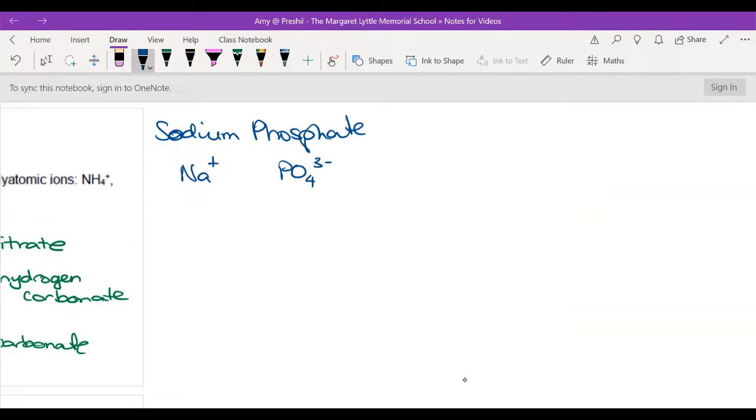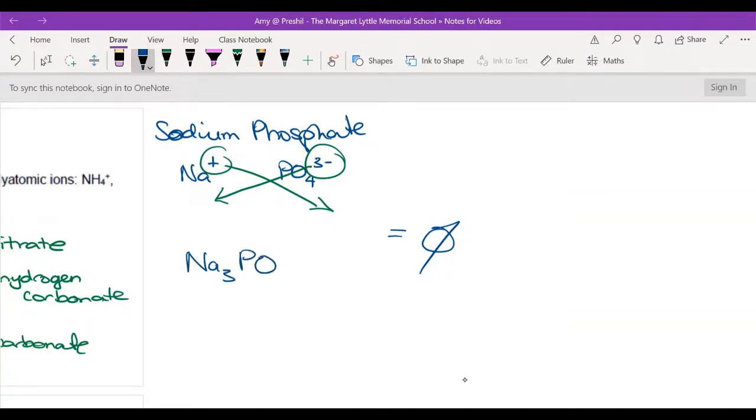Overall, I need to combine these in such a way that my charge ends up being 0. The easiest way to do that is cross multiply. So this ends up being Na3PO4. The only time you don't cross multiply is if those two numbers are the same, where you don't need to.